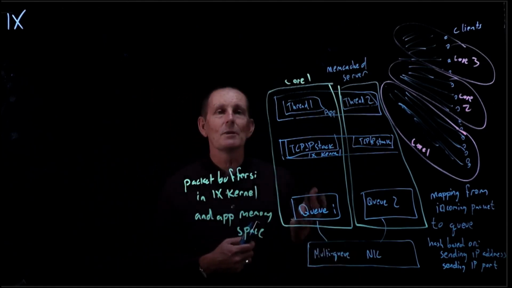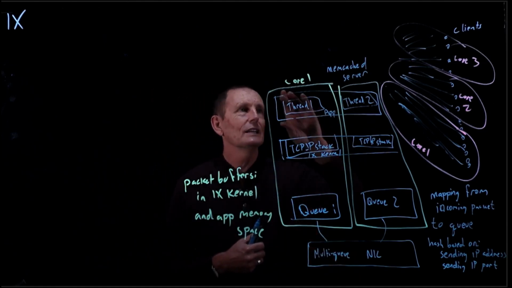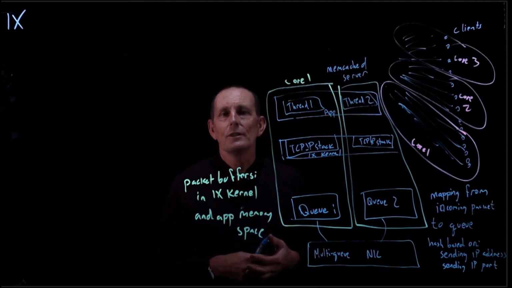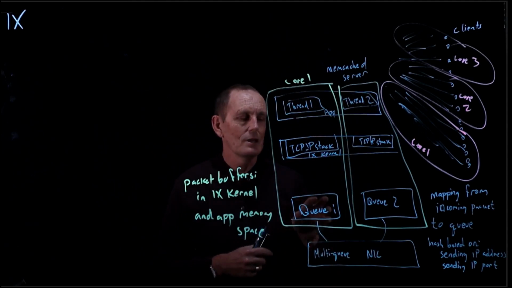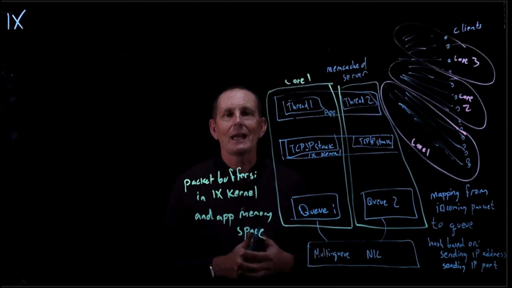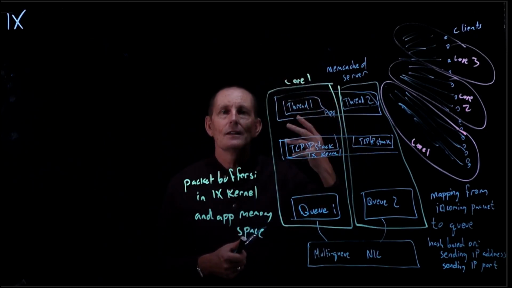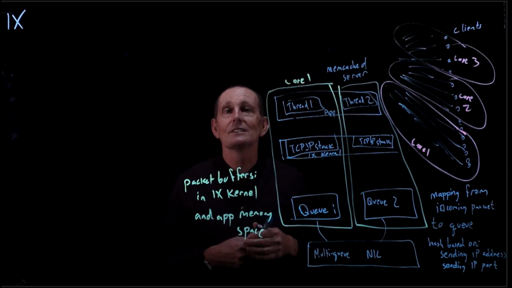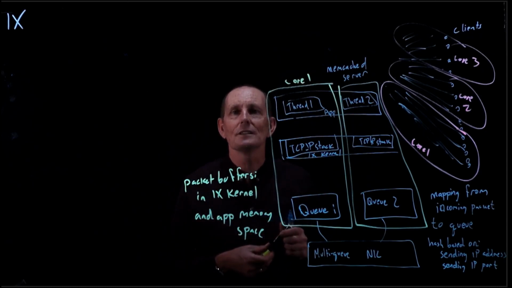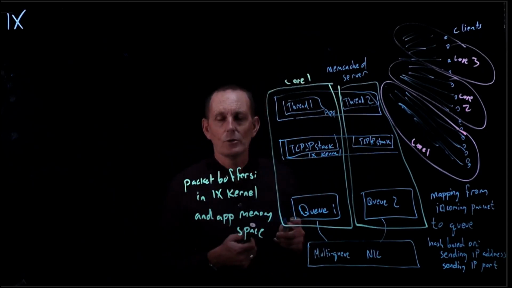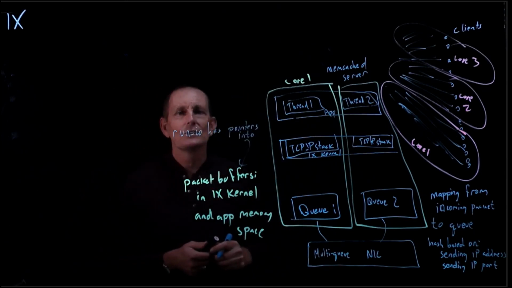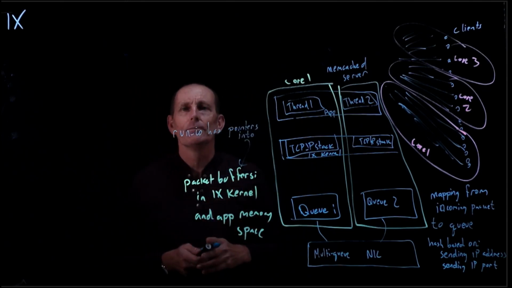The ones for incoming packets are read-only to the application, so the application can't mess with the incoming packets in any way. Once it calls run IO, it gets told where the data is and it can then read from it and decide what the correct response is. So run IO has pointers into these packet buffers.